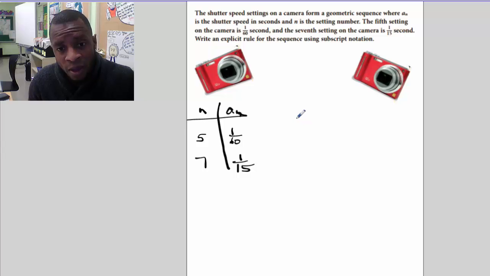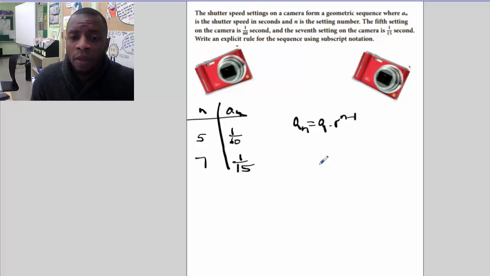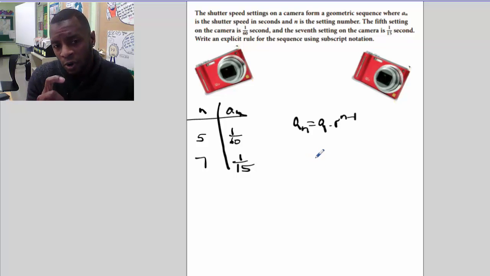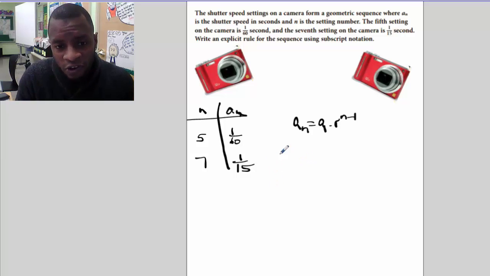So we have a of n is equal to the first term times the common ratio raised to the n minus 1 power. Okay, and so what we want to remember here is that we don't know our first term and we don't know our second, third, fourth. We do know our fifth, we don't know our sixth, and we know our seventh. But we know how to get from term to term. To get from term to term, we just take the previous term and multiply it by our common ratio. Right? So let's set up some expressions to show that.